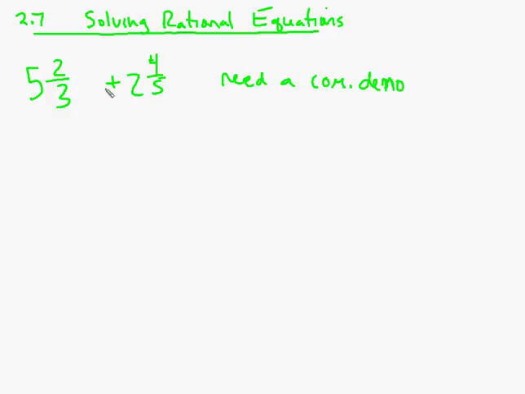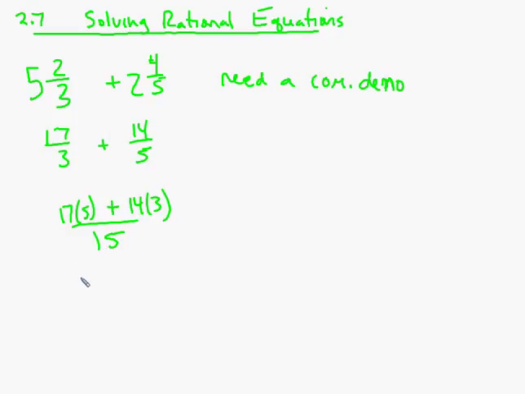Now, you can add these as mixed numbers, but I'm just going to make them improper. So I have 17 thirds plus 14 fifths. What's our common denominator? 15. So what do I need to multiply that 17 by? And what do I need to multiply that 14 by? 3. And what is 17 times 5?